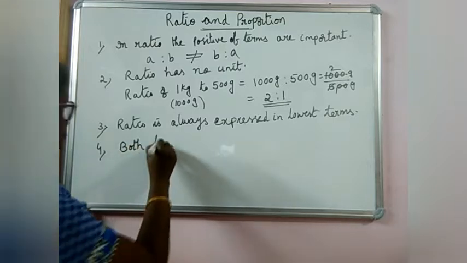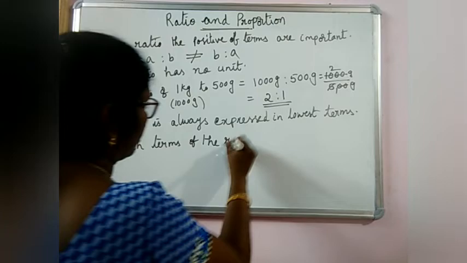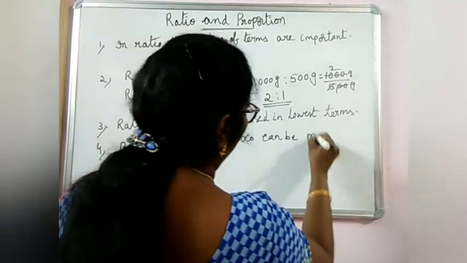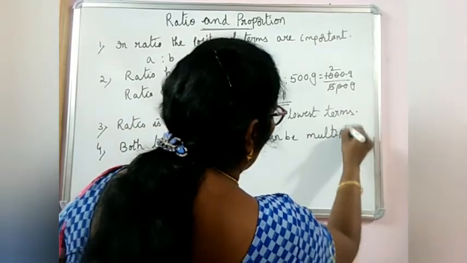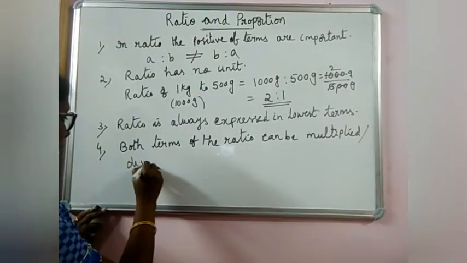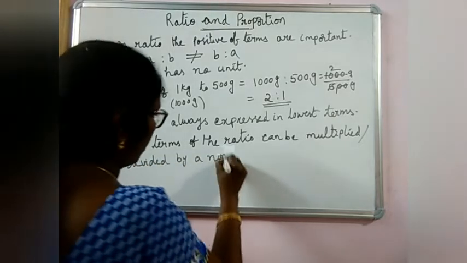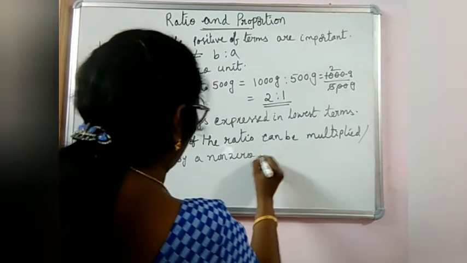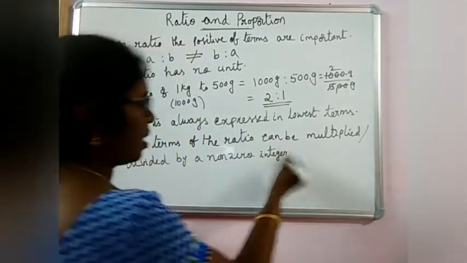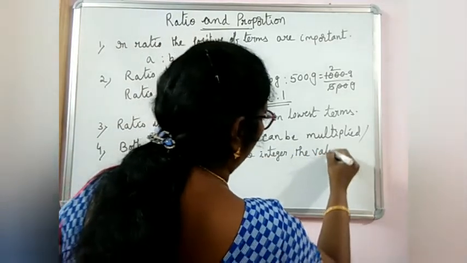Both terms of a ratio can be multiplied or divided by a non-zero integer or non-zero number, and the value remains the same.